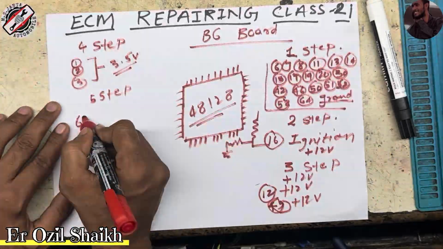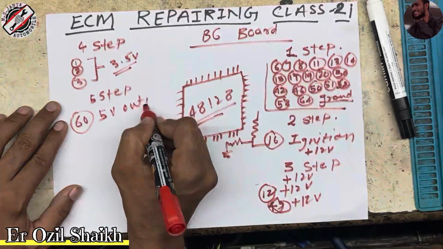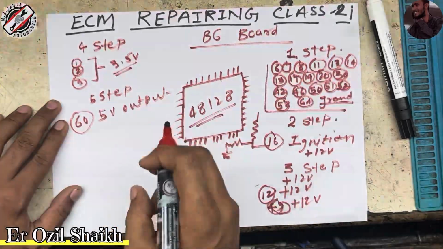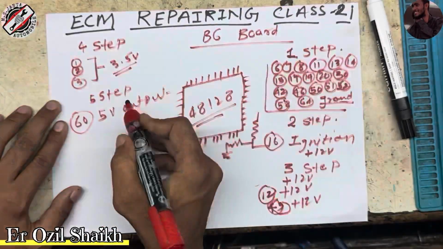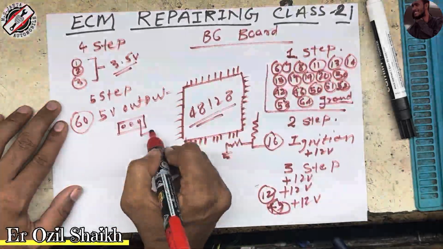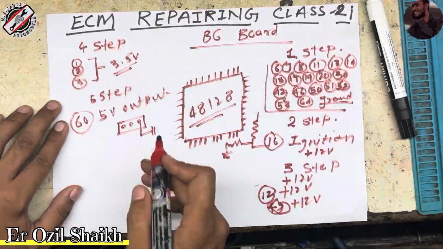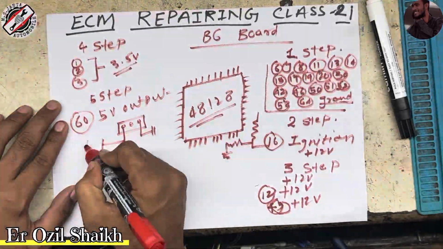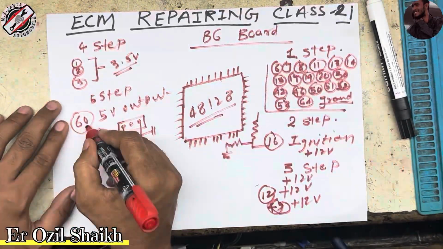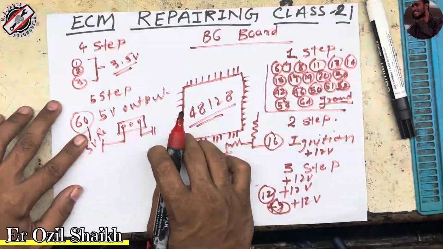This IC pin number 60 should give 5 volt output, and this output is used for the processor and also as an outside reference voltage. Suppose you have sensors: one wire is ground and another is the 5 volt reference. That reference voltage comes from this pin number 60.